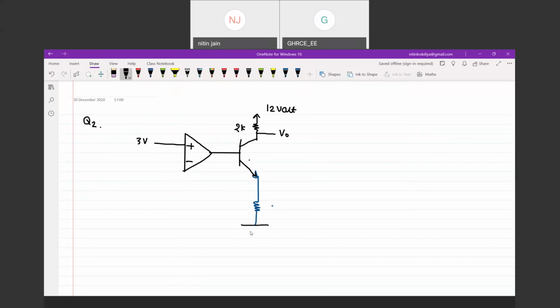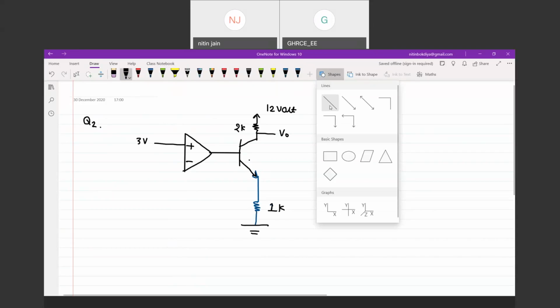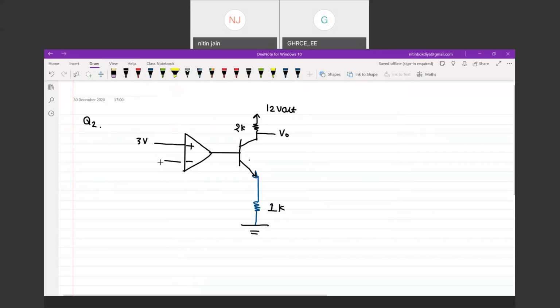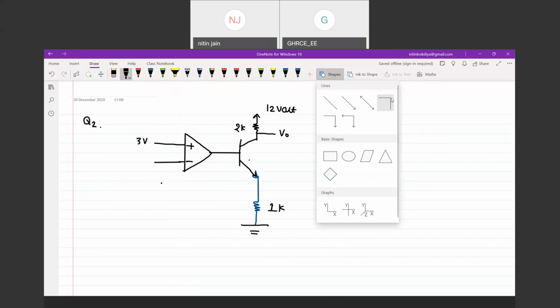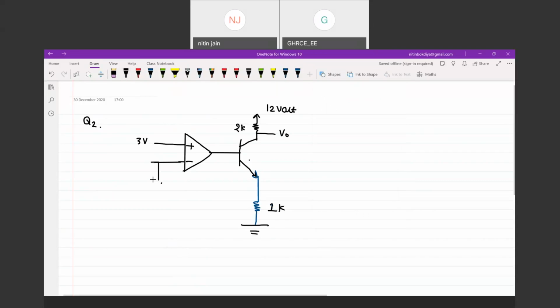This is the 1 kilo ohm resistance. And this is one feedback.